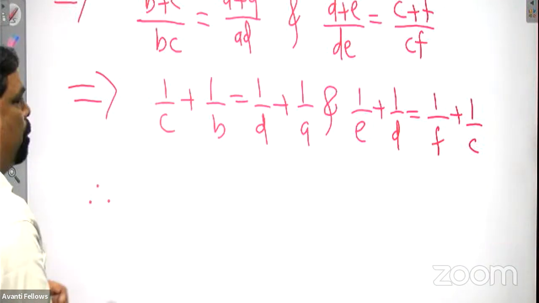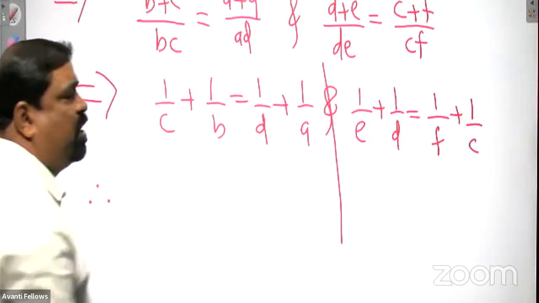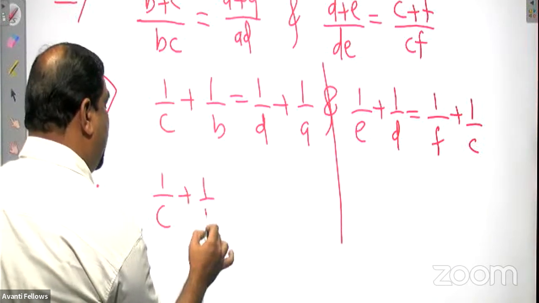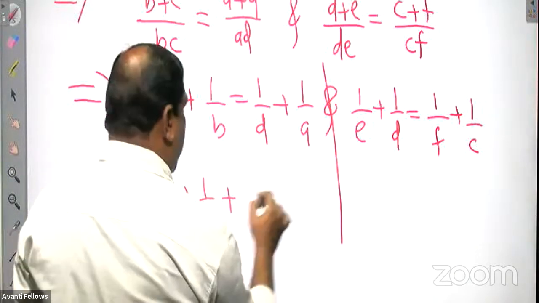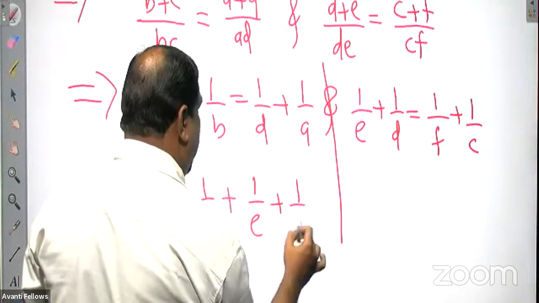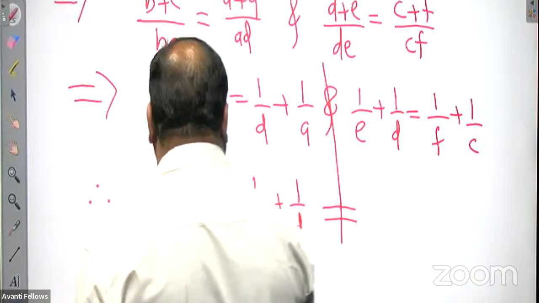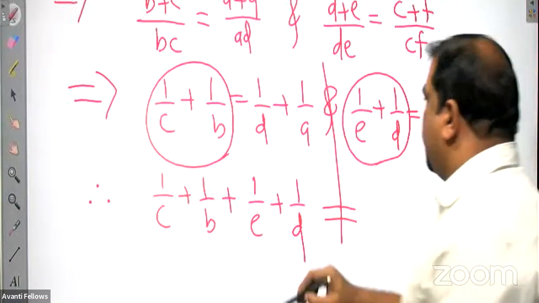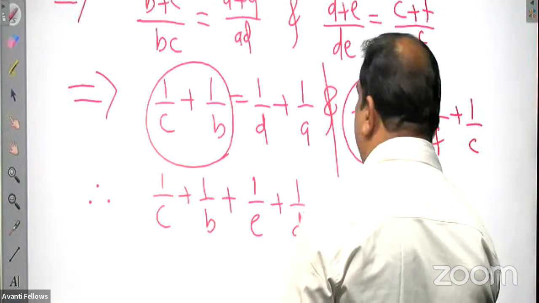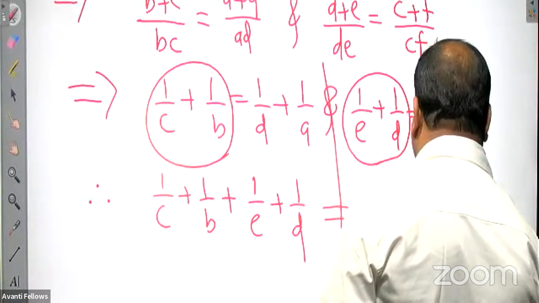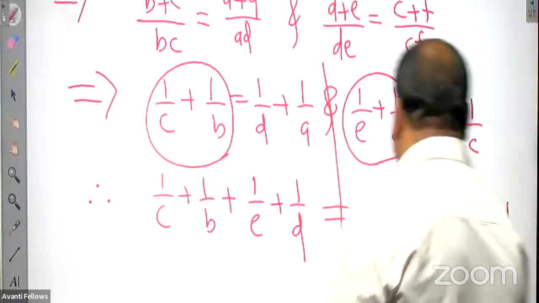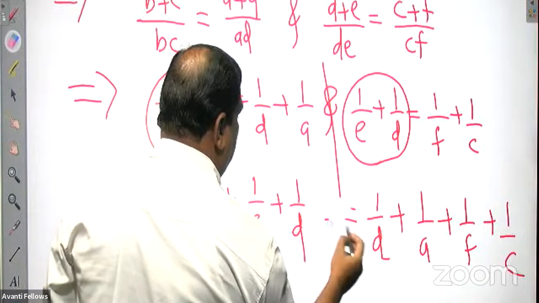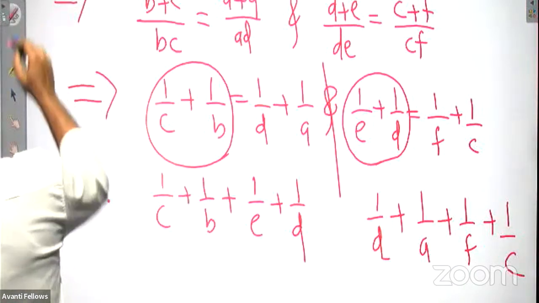Therefore, now we have two equations and we will add them together. Adding, left side is 1 by C plus 1 by B plus 1 by E plus 1 by D. Right side also 1 by D plus 1 by A plus 1 by F plus 1 by C. That will give the answer.